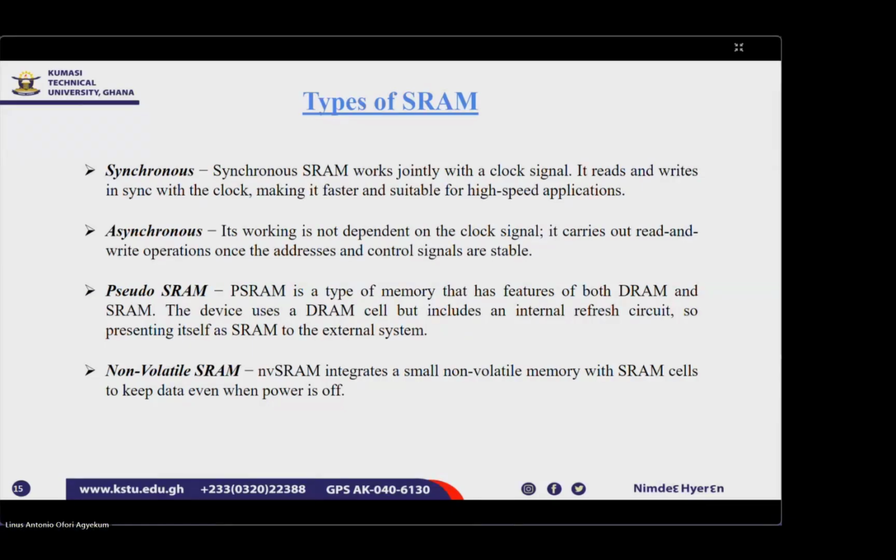Joseph, your hand is up. Sir, please take the pseudo SRAM for me. I couldn't get it clear. So basically, what we are saying is that the pseudo SRAM is a type of memory that combines the features of a dynamic RAM and a static RAM.